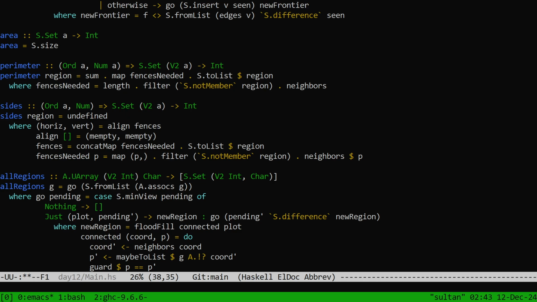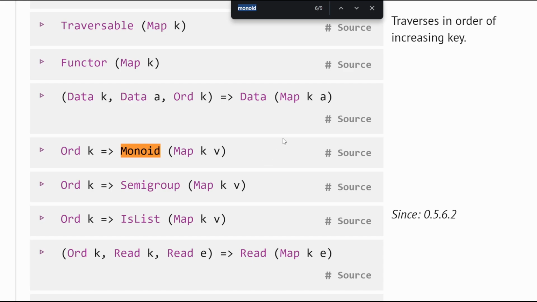Data map strict. No, not that one. This one. Oh, it is. A map is a monoid if its keys are ordered. Empty should be the empty map. Yeah, of course it is. I don't know what I was thinking.